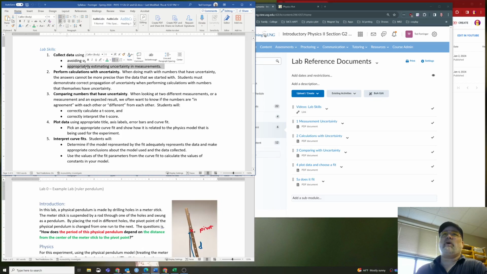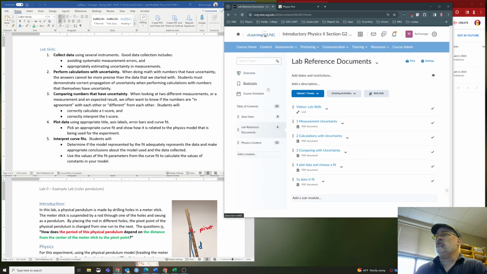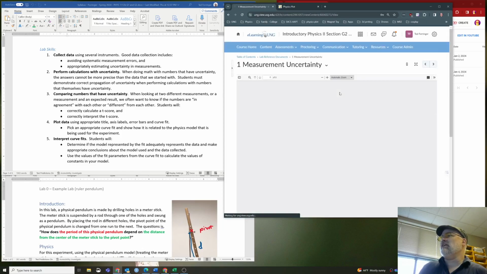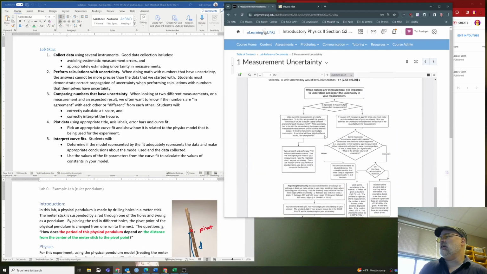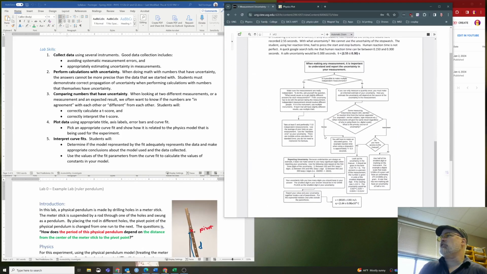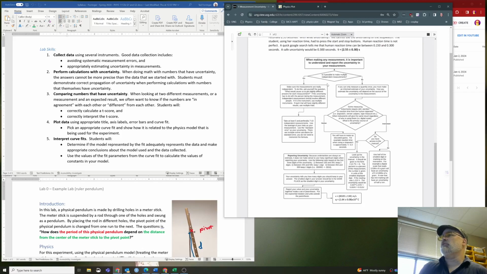Now, there's a lot going on in that little phrase. If you go to D2L and you look at the lab reference documents, there is a document here on measurement uncertainty, and this document has in it a flowchart that will be useful for you in determining the uncertainty in your measurements.